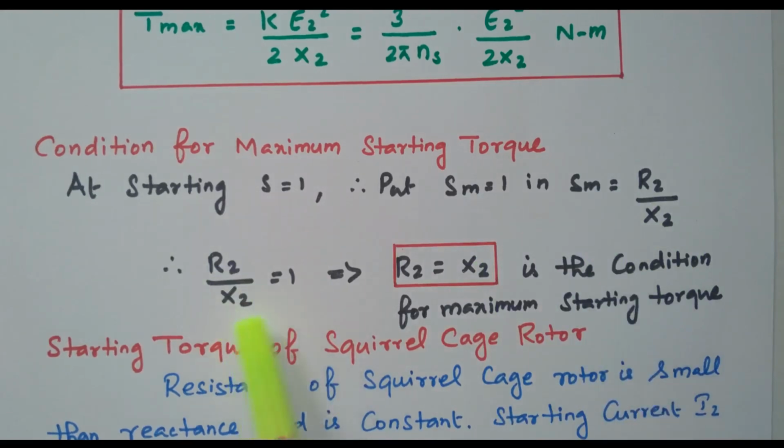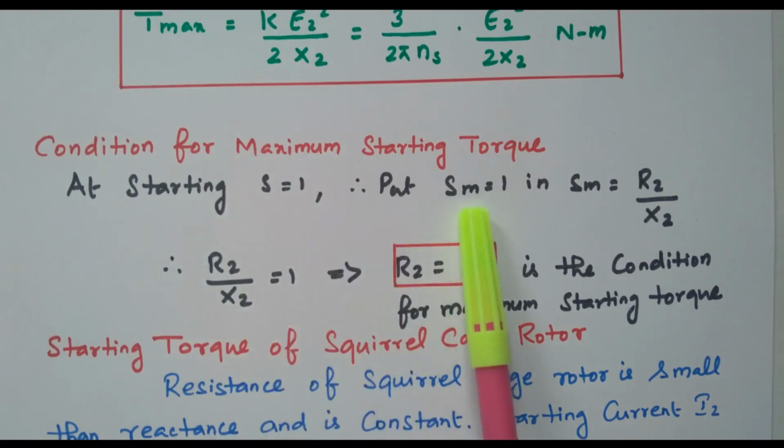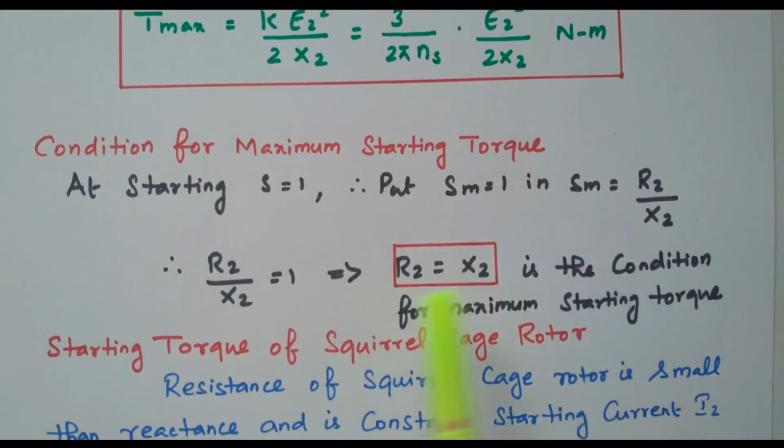R2 by X2 equal to 1, so that R2 equal to X2. So the condition for maximum starting torque is R2 equal to X2. The resistance of the rotor and the reactance of the rotor should be equal. We get this condition by substituting S equal to 1, because at the starting the slip equals 1.